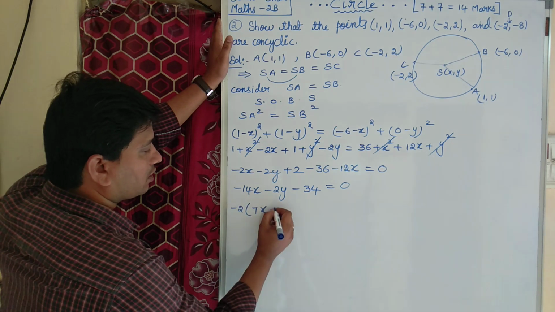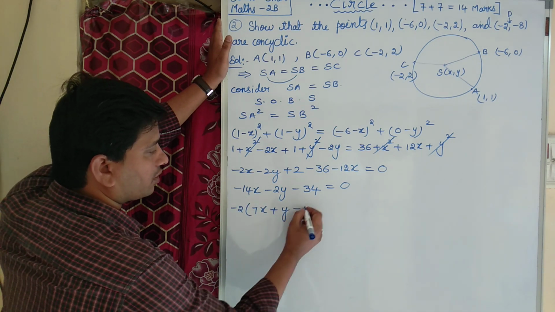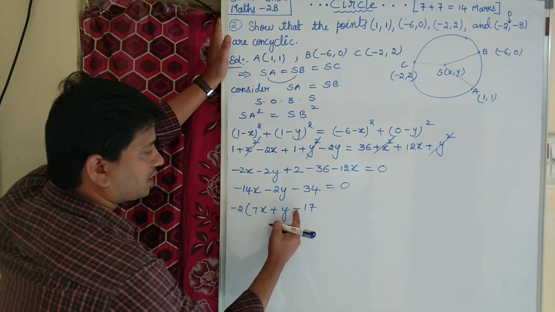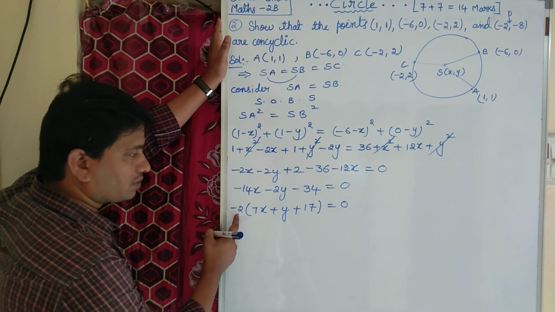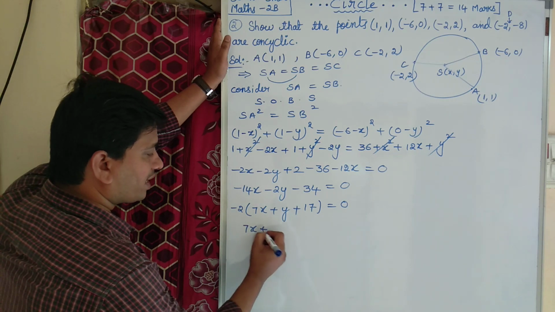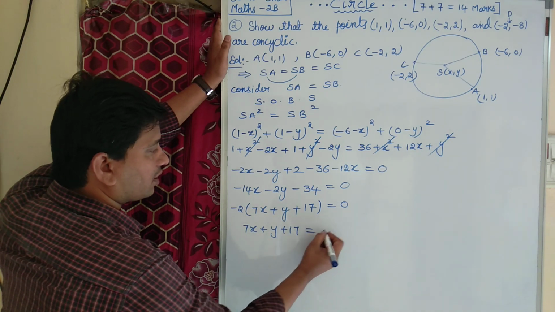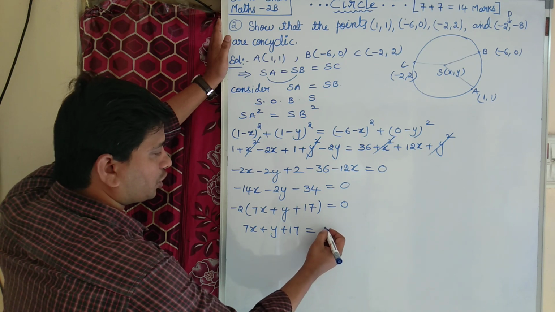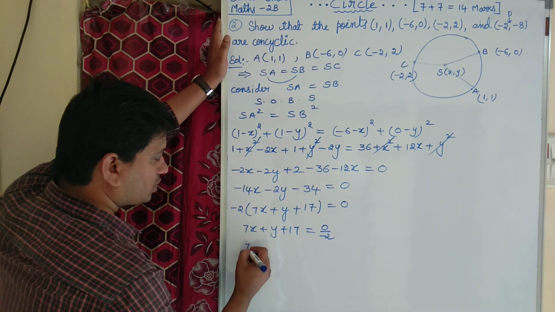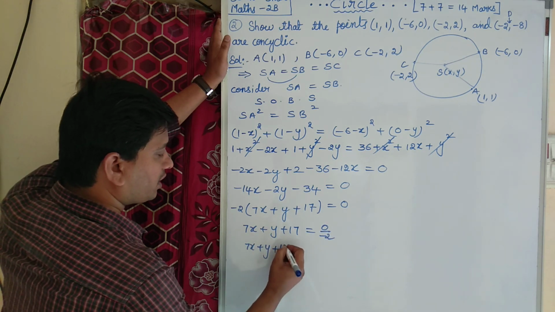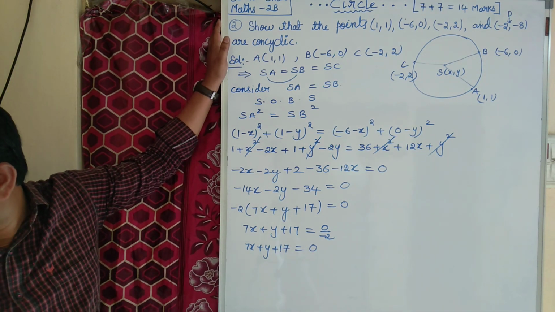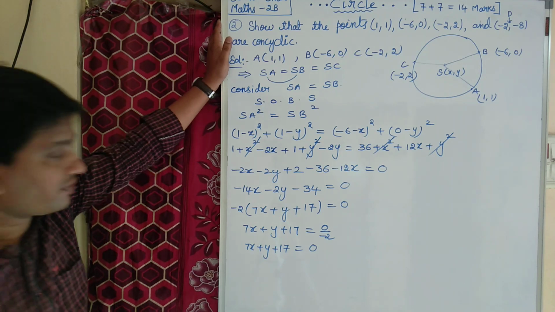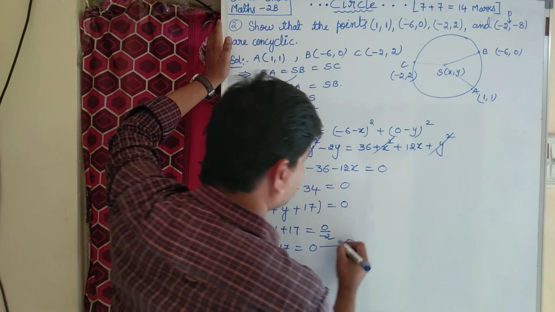Dividing by minus 2, we get 7x plus y plus 17 equal to 0. So our equation number 1 is 7x plus y plus 17 equal to 0.